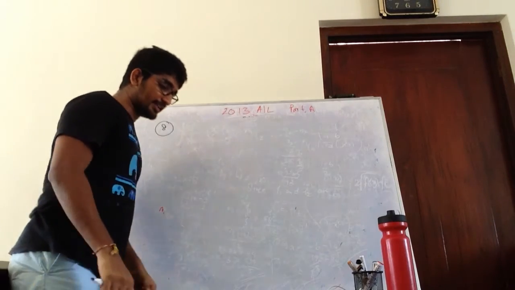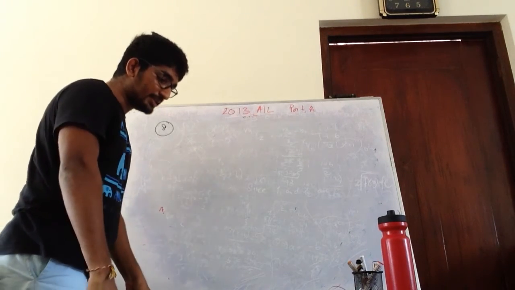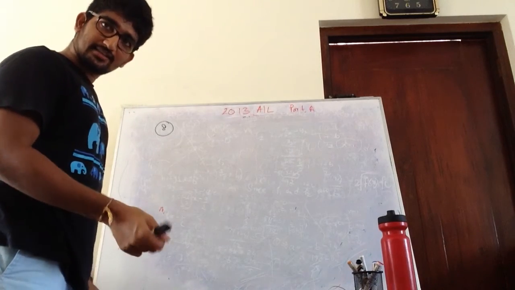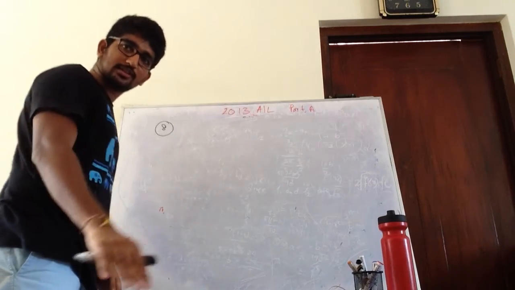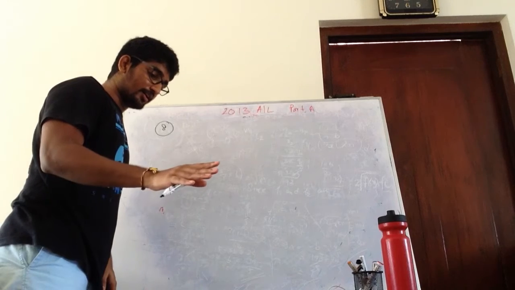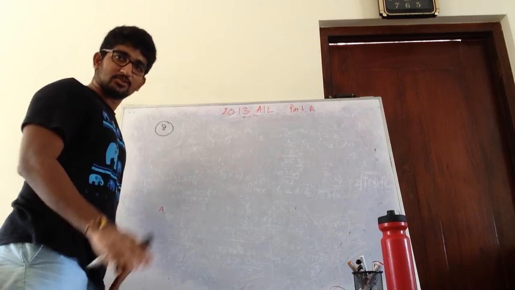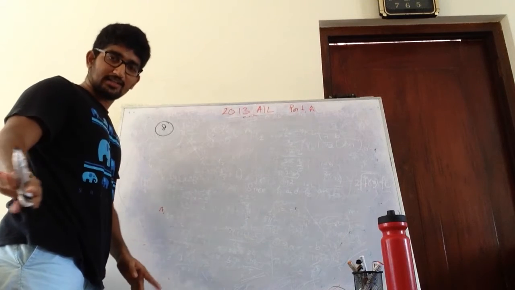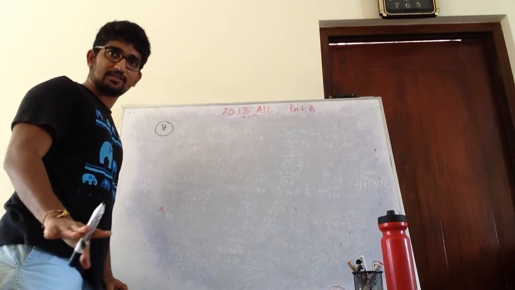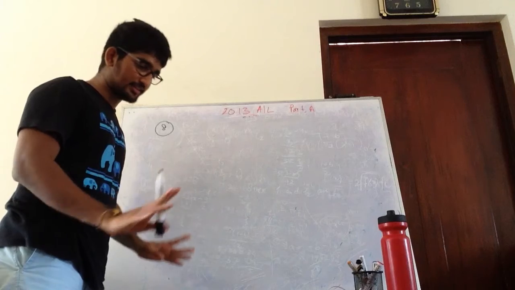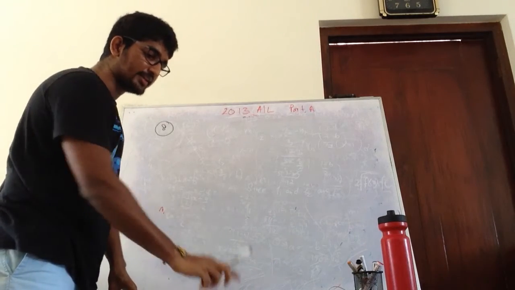Right, so what are they saying? Let C be the curve given by x equals 2 cos theta and y equals sin theta, where theta is a parameter.